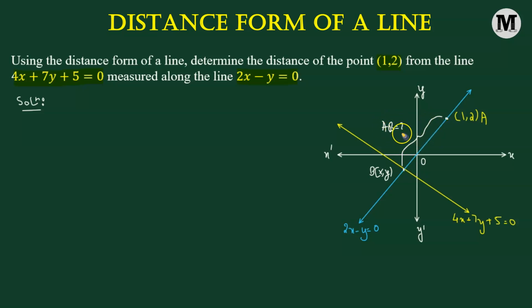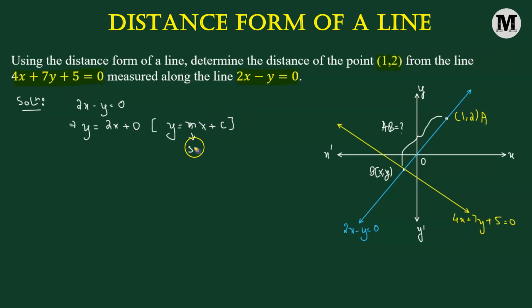Okay, fine. Now what we'll do first is consider the line 2x - y = 0. We can rewrite it as y = 2x + 0, and we compare it with the slope-intercept form of a line, which is y = mx + c.